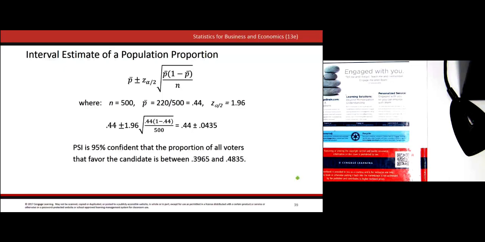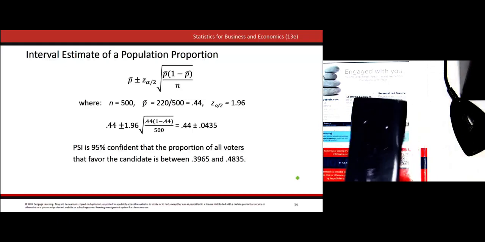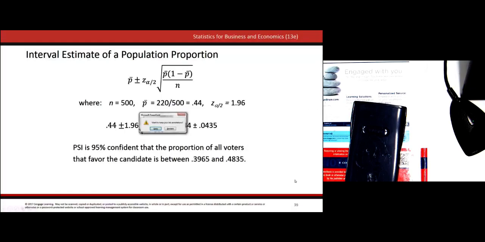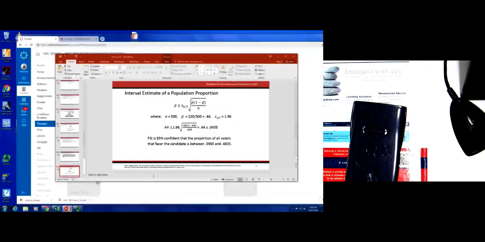PSI is 95% confident that the proportion of all voters that favor the candidate is between 0.3965 and 0.4835. Please let me know if you have any questions.